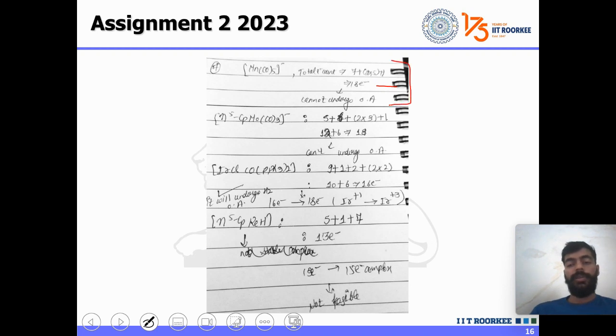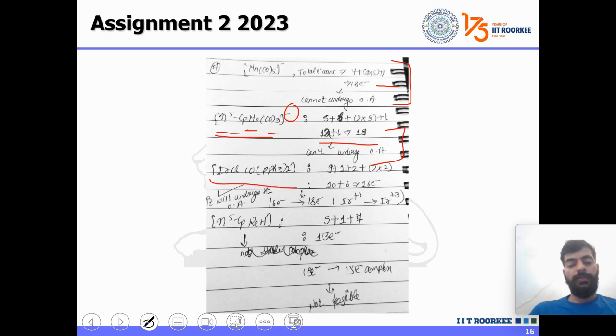That's why this particular complex will not go for the oxidative addition. Further, let's go to the next complex. 5, 6 and 6 plus 1, total 18, cannot undergo oxidative addition reaction again because it is already in a stable form, and if we go the electron count will be 20.